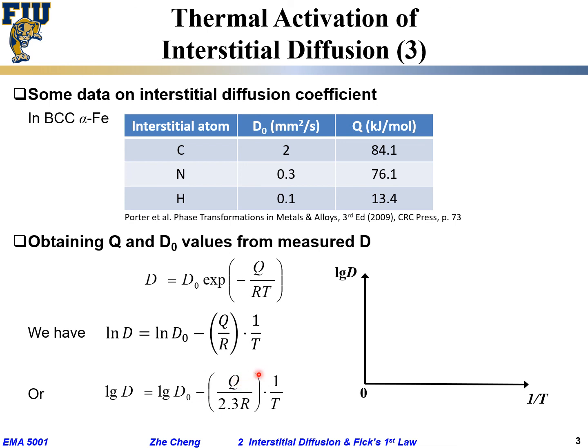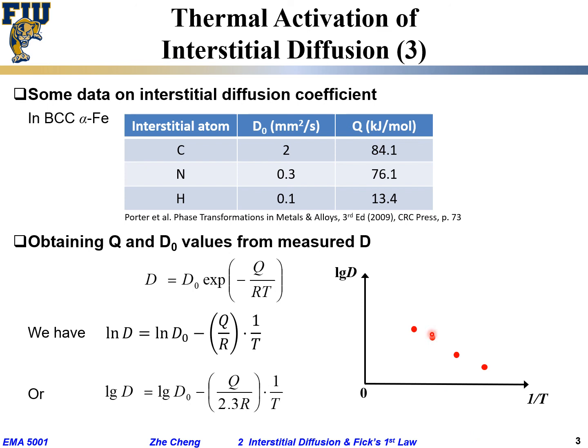Well, Q, for a given system, is a constant, right? R is also the gas constant, which means this term would be constant. This is also constant. So if we plot log D versus 1 over T, do you see we are going to get something like this? It's kind of a straight line for actual data points.